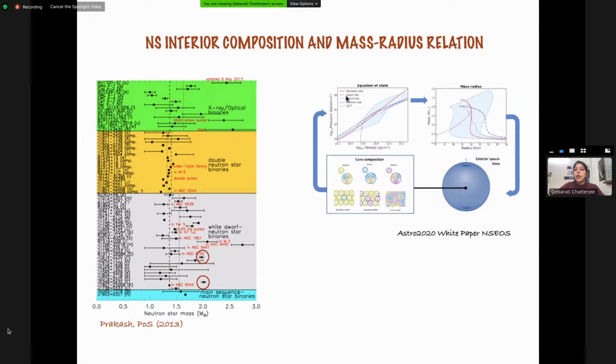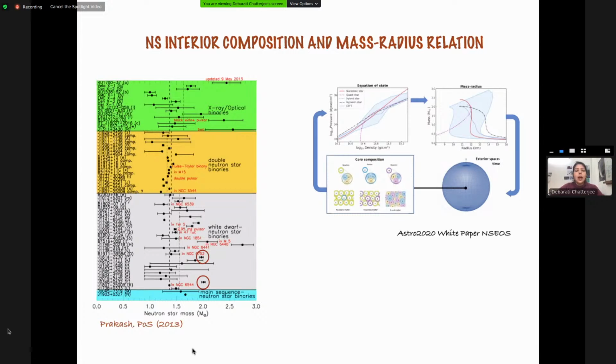For neutron stars, these equations of state can be constructed and connected to structure properties like mass and radius. I will tell you how in a minute, but just to give you an idea, these mass-radius plots will help us understand the internal composition of neutron stars.